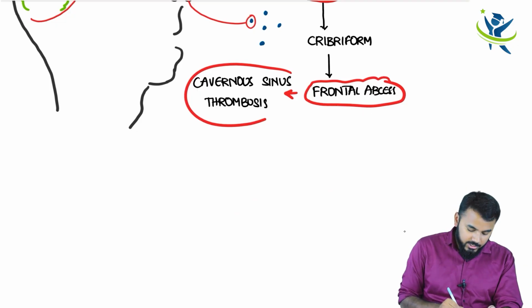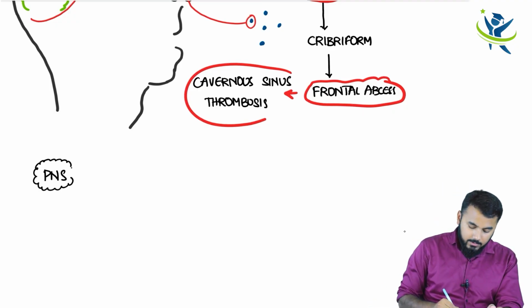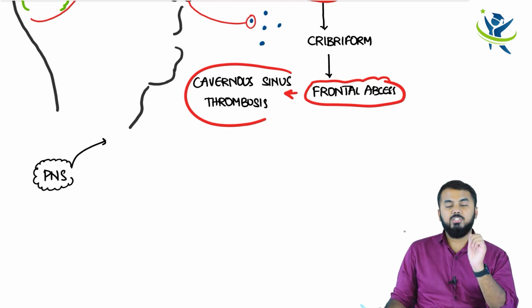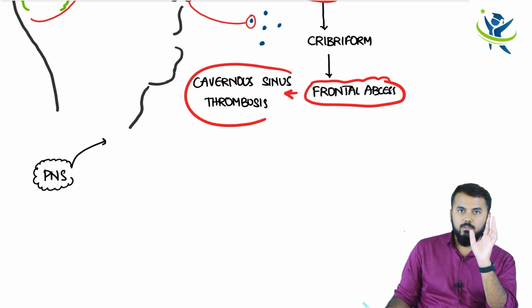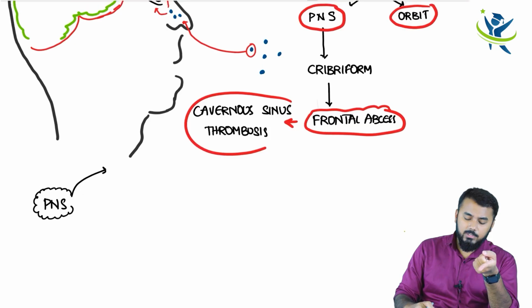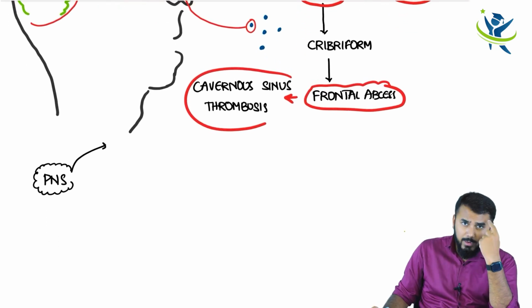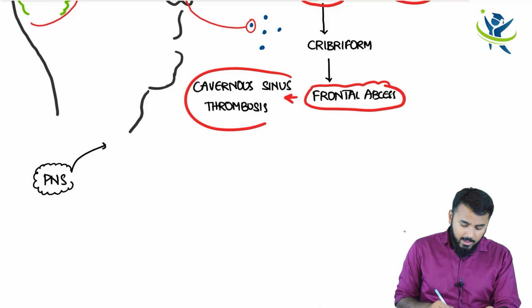For example, if the infection is in the paranasal sinus, what would happen? The first important thing is that the patient will have very severe pain. See, the paranasal sinus which I have drawn here is the frontal sinus, right? So the patient will have very severe pain in the frontal region and the pain will pass around the eye.